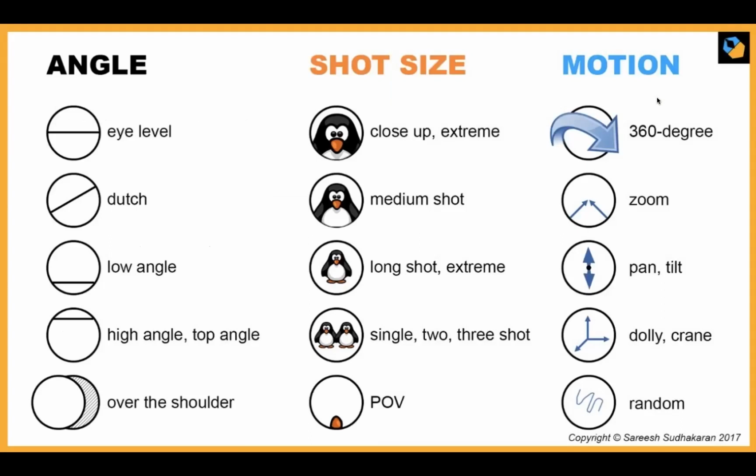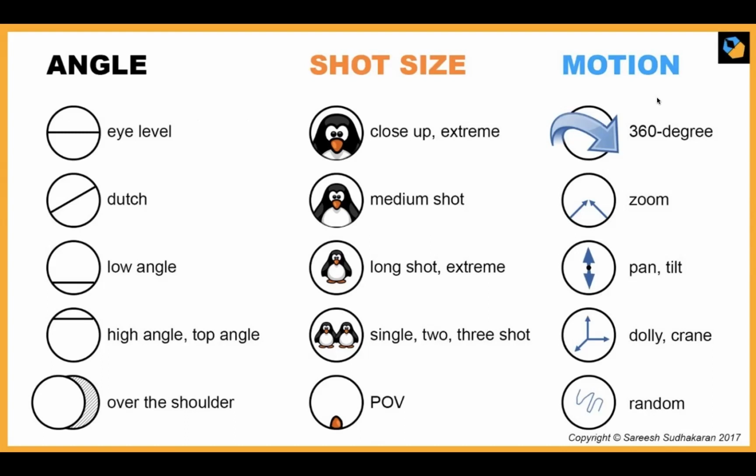So, this kind of breaks it down a little bit. You have your different angles. Eye level is really just what you are seeing or what your character is seeing. It's a very basic shot. Then you have the Dutch angle, which is shooting up or down to kind of give you a sense of, you know, impending danger or power or different things.